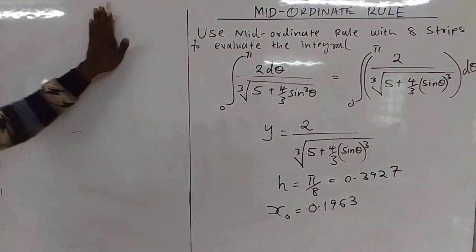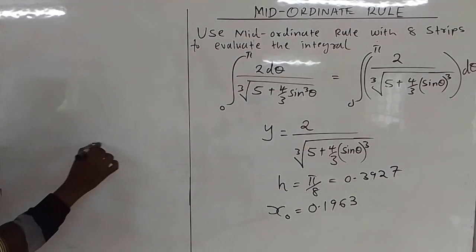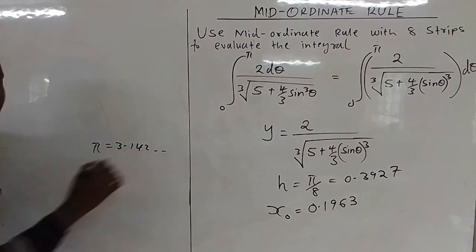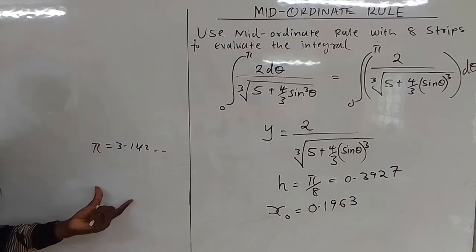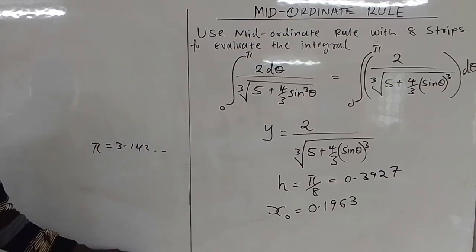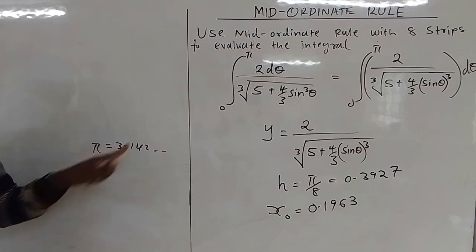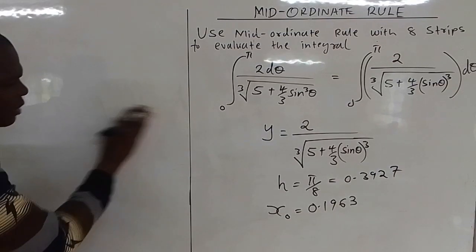You will only see it clearly when you know the value of pi. You know the value of pi is 3.142 something, isn't it? So the moment you note down all the x values, when you reach a value greater than 3.1, that value is outside. So the one which is less than is the last value. Let us form a table.